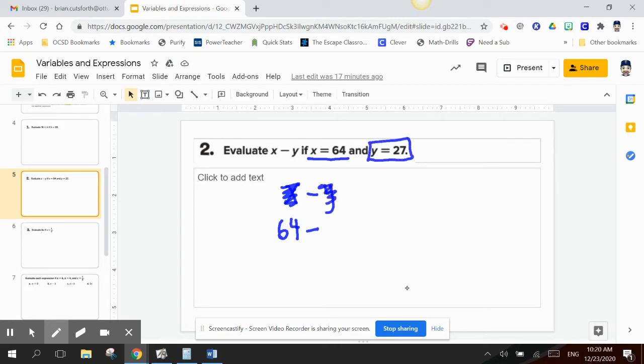So I take out my y value and I put in 27. Now I can solve this expression by subtracting 64 minus 27, regroup. 14 minus 7 is 7, 5 minus 2 is 3. So 37 is our value.